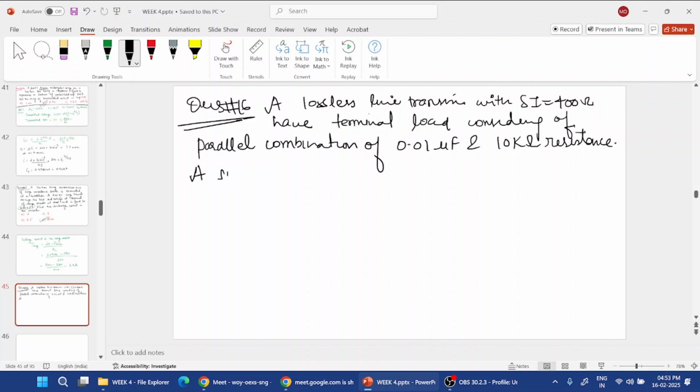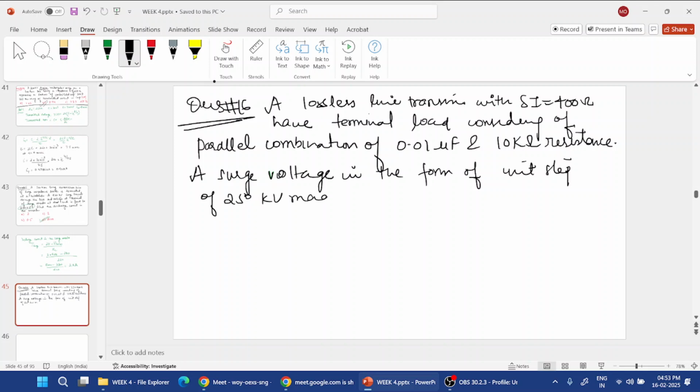A surge voltage in the form of a unit step function of 250 kV magnitude travels along the line.